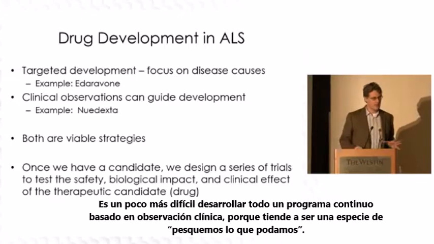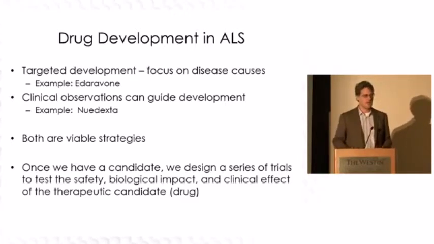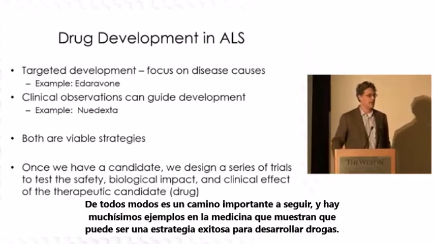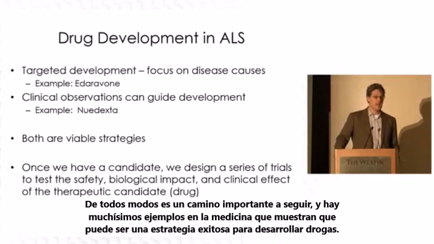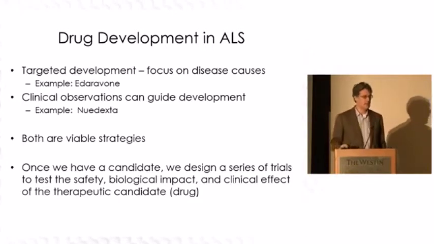It's harder to develop a continuous program around clinical observation, so those tend to be more catch as catch can, but it's really an important way to find ways forward, and there are many, many examples throughout medicine of how this can be a successful drug development strategy. So both are viable strategies.